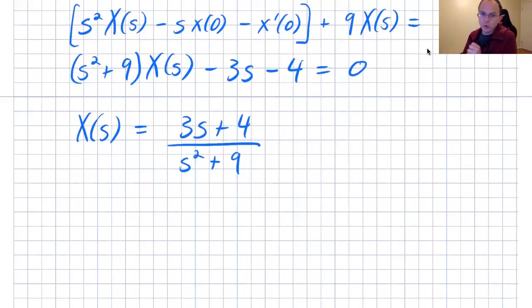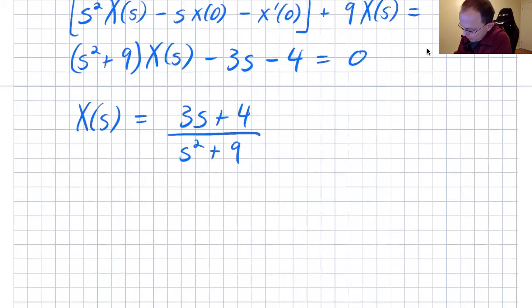And in order to do the inverse Laplace transform, we will need to break this apart into two pieces. Because from the properties I mentioned before, there's no inverse Laplace transform of precisely this expression here. So how do we break this apart?